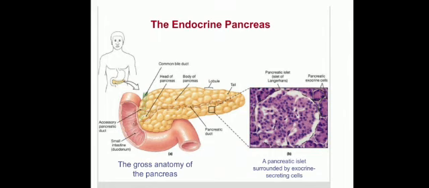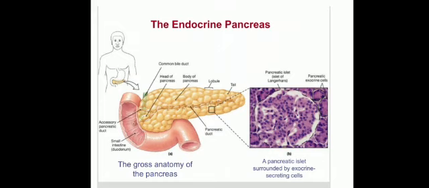So please take down the location of the islets of Langerhans. You can see that in the histology of the islets, which has been enlarged in the figure. The location of the islets dictates the secretion of insulin and glucagon into the pancreatic veins and then into the portal veins.